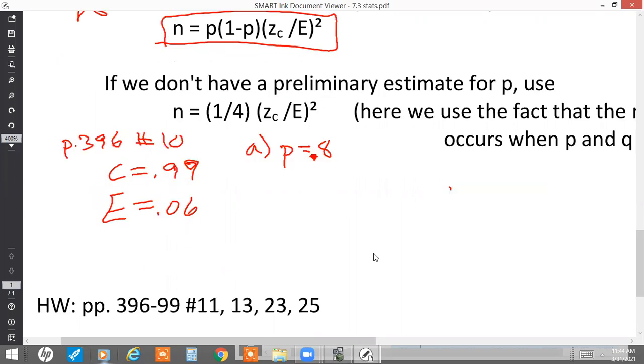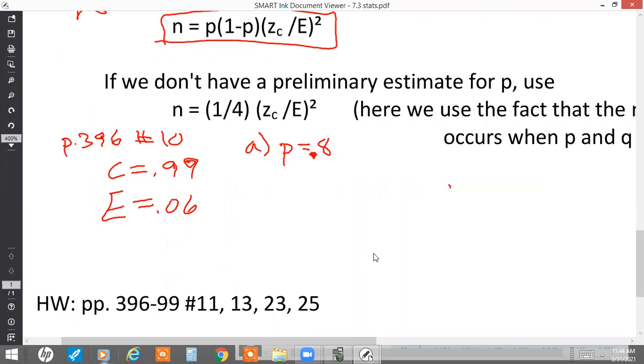I need to find Z sub C. I believe we just did that, and it's 2.58. Let me just verify that real quick here. Yes, it is 2.58.